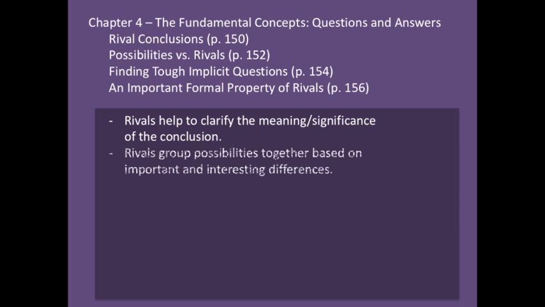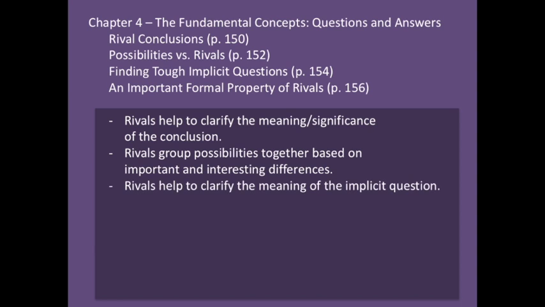Rivals group possible answers to the implicit question together based on important and interesting differences, so they refine our understanding of the space of possible answers. Rivals also help to clarify the meaning of the implicit question, and we'll see an example of that in just a moment. In order for rivals to perform all these functions, there are going to be some restrictions or requirements on rivals.